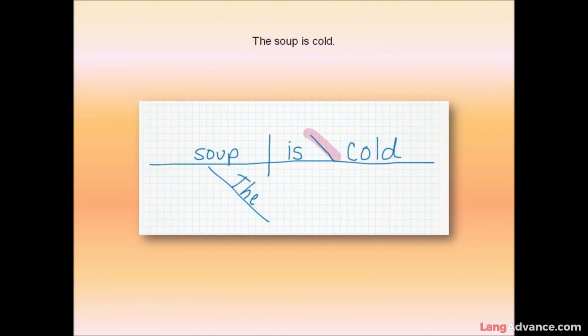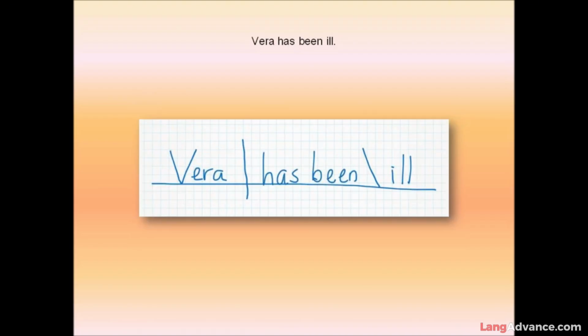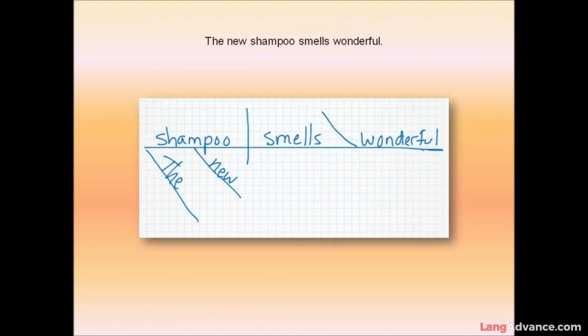Soup is the subject, is the linking verb, cold is a predicate adjective, and the word the describes soup. Vera has been ill. Vera is the subject, has been is the verb, and ill is a predicate adjective. Shampoo is the subject, smells is the verb, wonderful is a predicate adjective, the and new both describe shampoo.